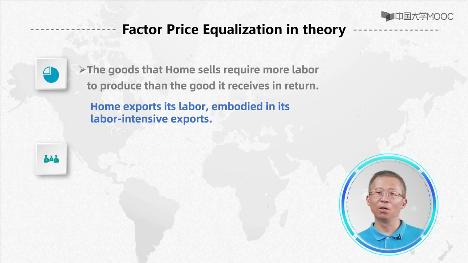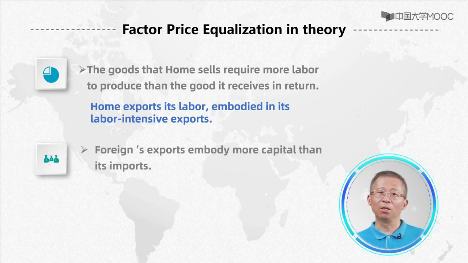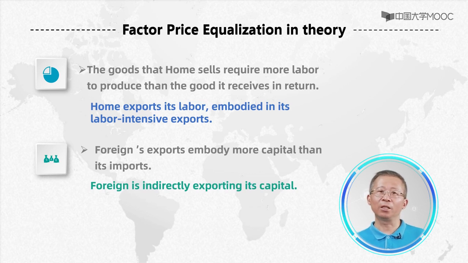Conversely, foreign exports embody more capital than its imports. Foreign is indirectly exporting its capital. When viewed this way, it is not surprising that trading leads to equalization of the two countries' factor prices.